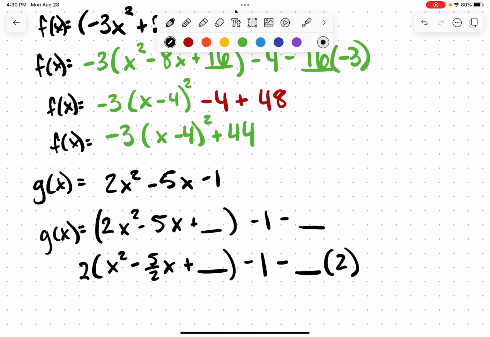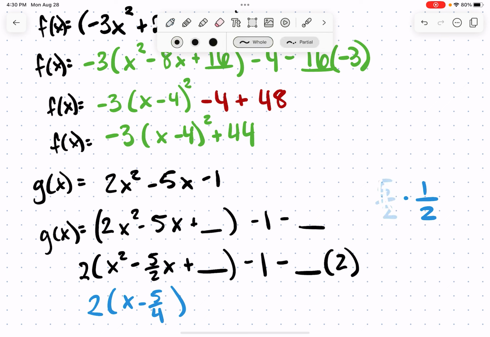And now let's figure out what's going in our blank. So our perfect square binomial, what's going in this blank will be half of 5 halves. Well, what's half of 5 halves? Half of something is like multiplying by 1/2. Remember, of means multiply. So half of 5 halves is 5/4.